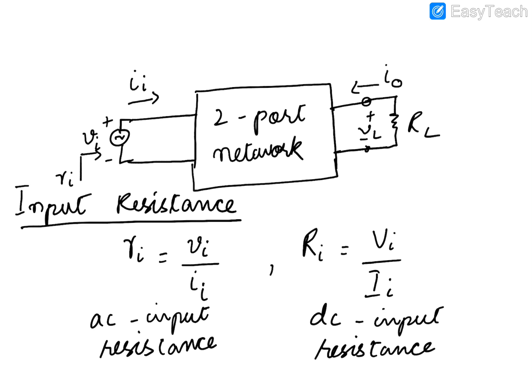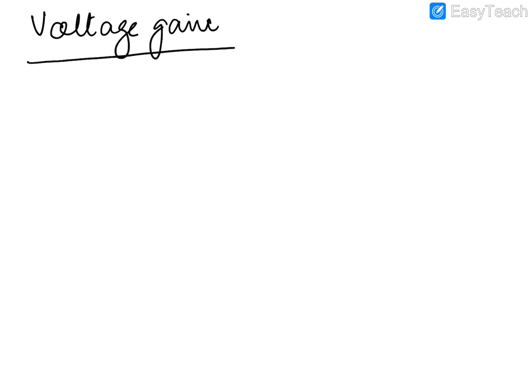So next we will define the voltage gain. For an amplifier, the voltage gain, shown with the letter A subscript V, is equal to simply the ratio of output voltage over input voltage.